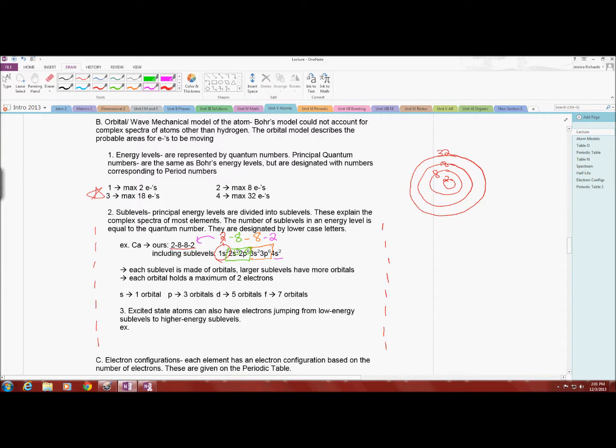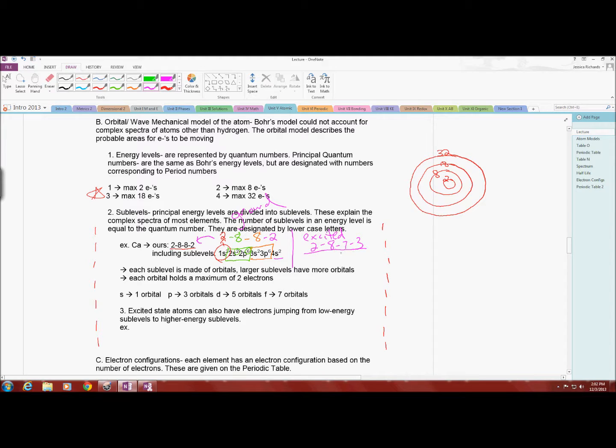But now we can have electrons not only get excited, so if that's ground state, and this is excited state, the way that we write it, you might write 2, 8, 7, 3.